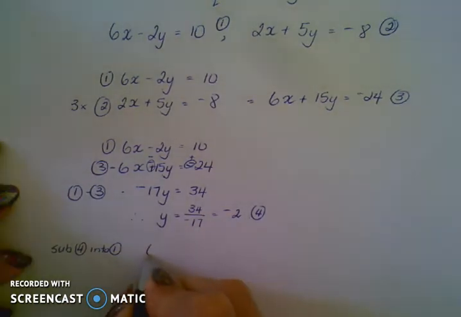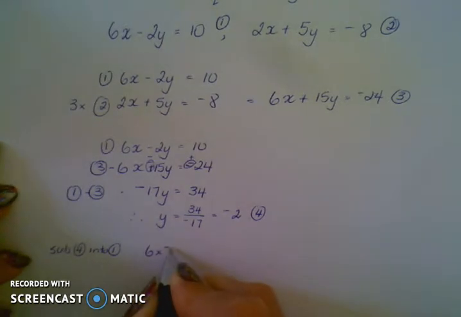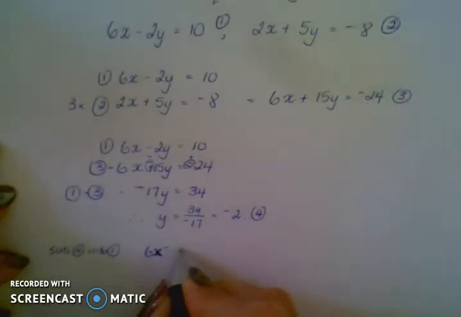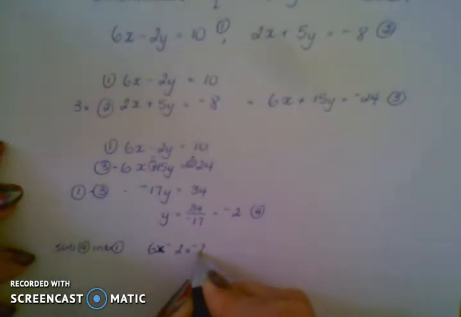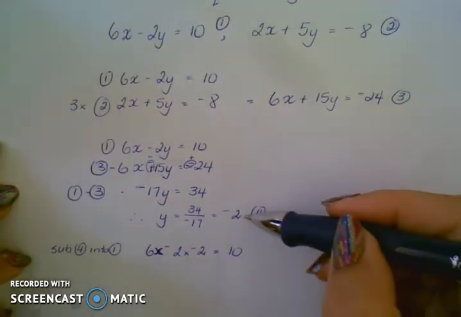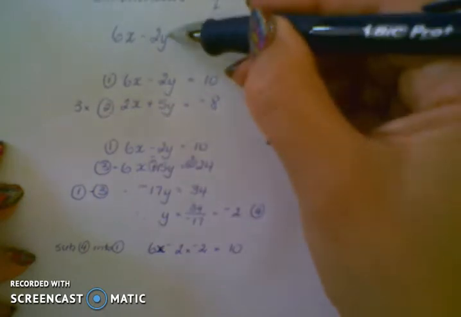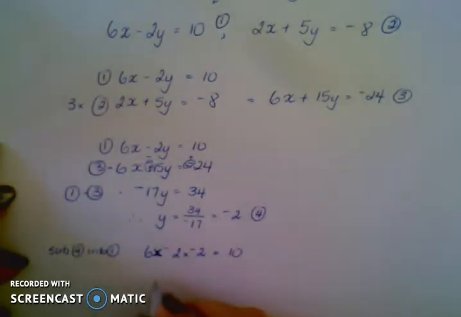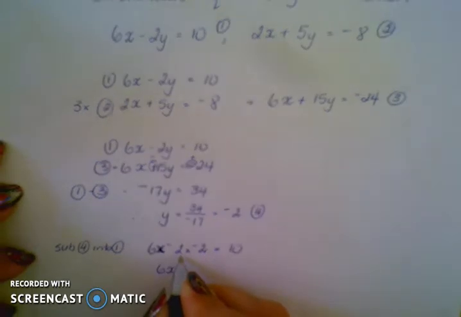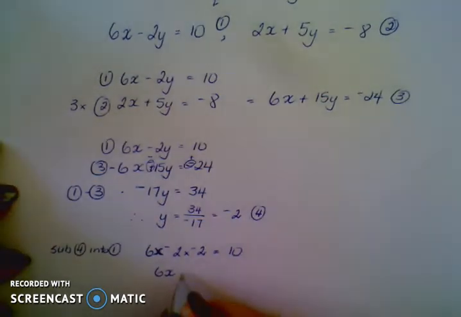So I have 6x, because x is the one that we got rid of, minus 2 times negative 2 is equal to 10. All I'm doing is putting this value up here into y. So 6x minus 2 times minus 2.